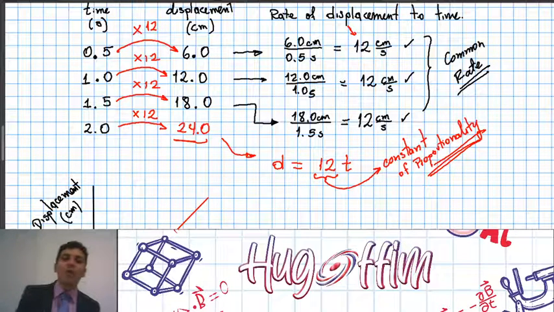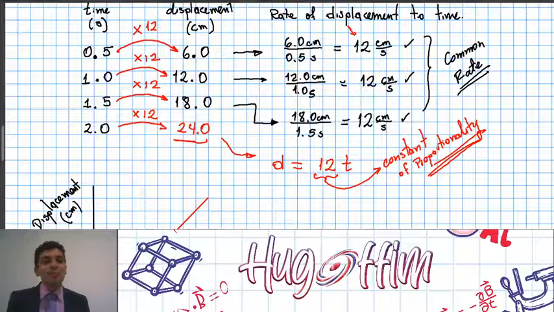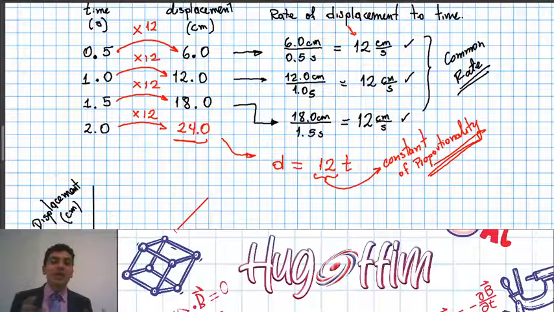And this is why this is related to proportions. Look, here I'm using common rates, and using common rates means a proportion. Remember that a proportion is a common rate. This is how you can interpret directly proportional magnitudes.